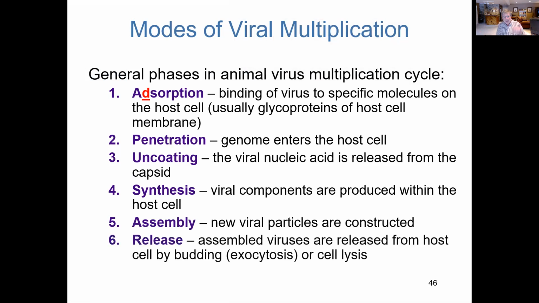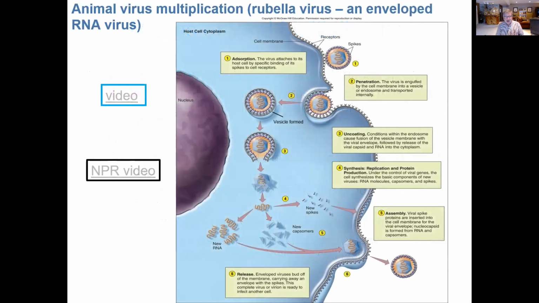And finally, the virus has to have some way of getting out of the host cell. And there's a couple of different ways that this can happen. As it mentions there, one is by budding away from the cell in a process called exocytosis, chapter 3, A&P 1, or cell lysis. What's that mean? It means the cell ruptures, pops. Okay, so here's that diagram that I was alluding to.